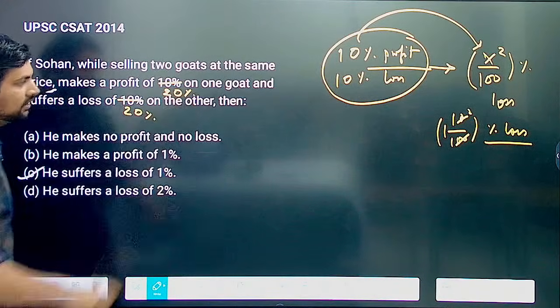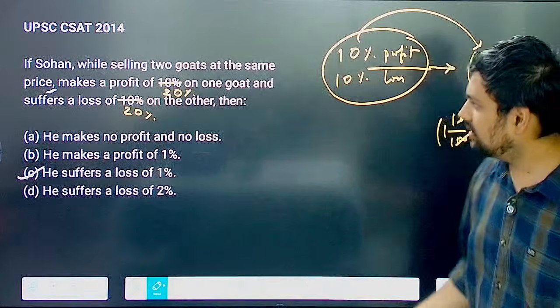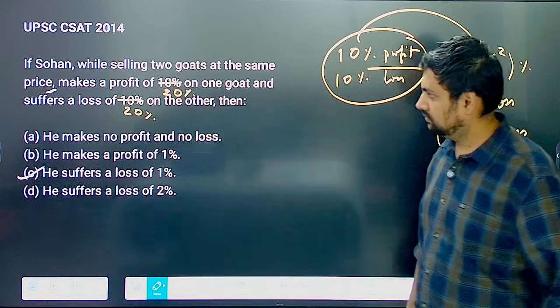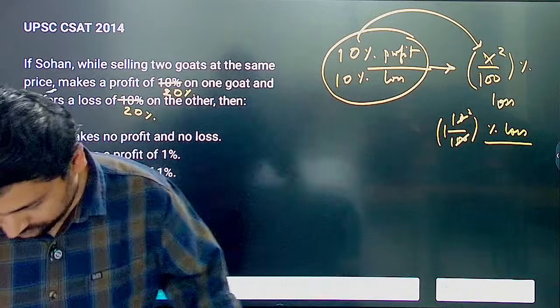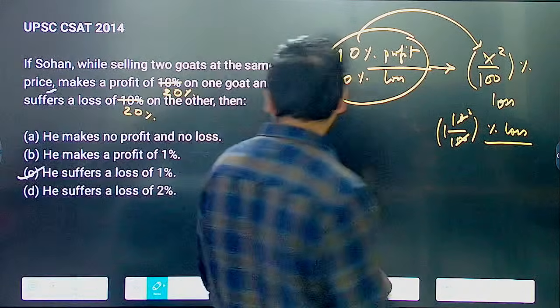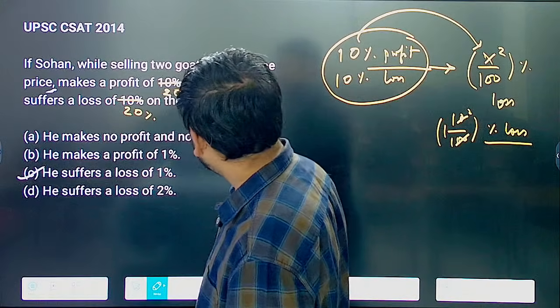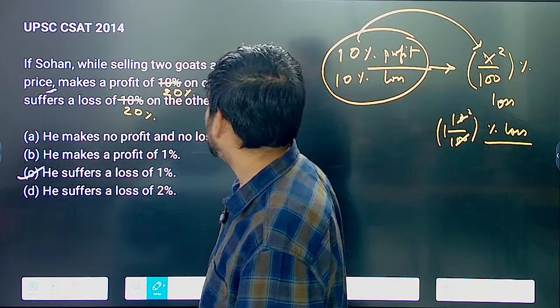Now can you calculate? 20% profit on one goat, 20% loss on the other.